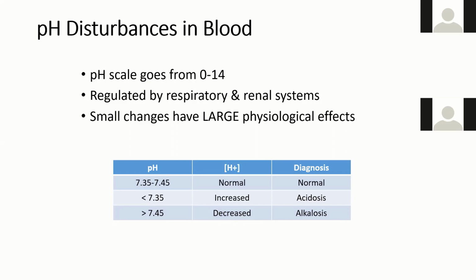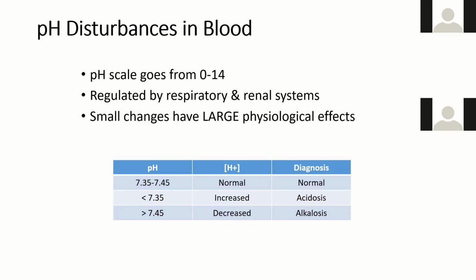So a normal pH range for your blood is like 7.35 to 7.45-ish. I think it's actually supposed to be 7.42. That's our normal range. So we're not right at 7, not right in the middle. We want to be a little bit above.